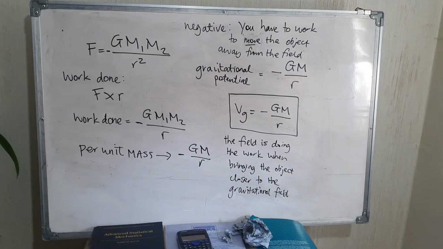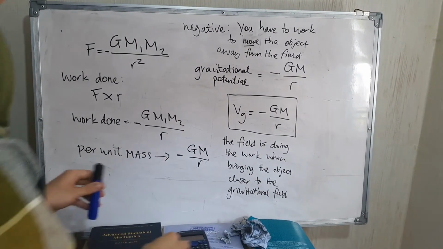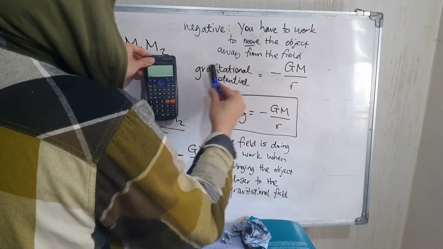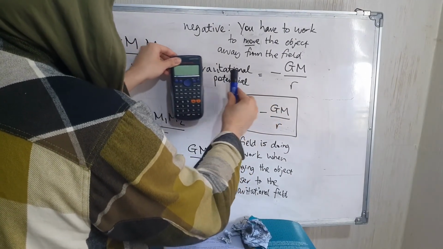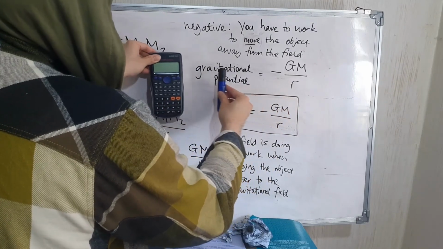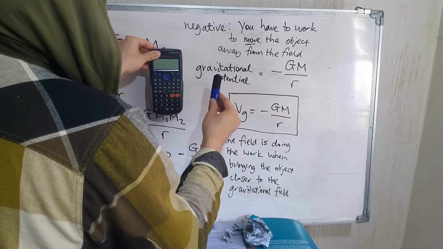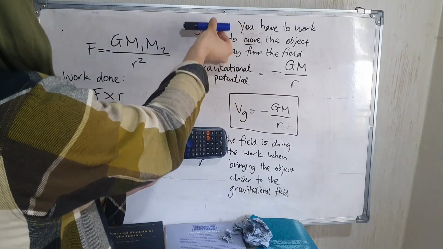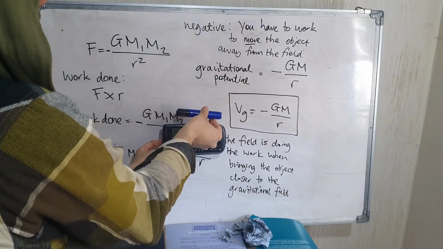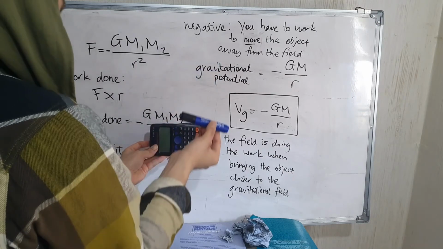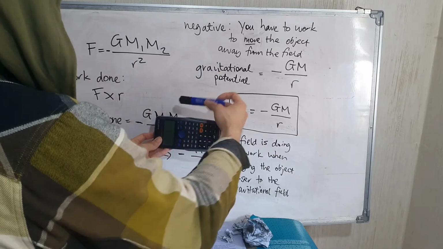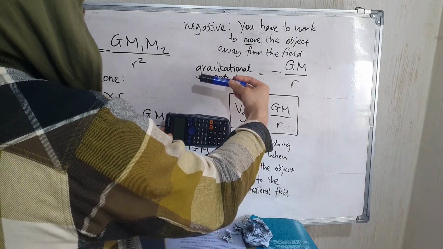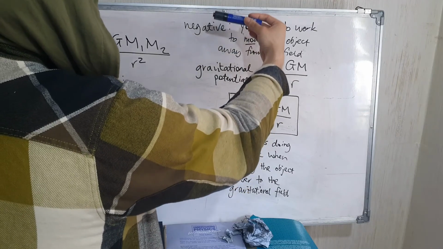If you have two massive objects, it's normally attractive. So if you're bringing it closer to the object, the field is doing the work. It's like an object dropping towards the center of the Earth, it does it naturally because the field is doing the work. But if the object is on the surface, you have to put energy into the object to move it away from the field.